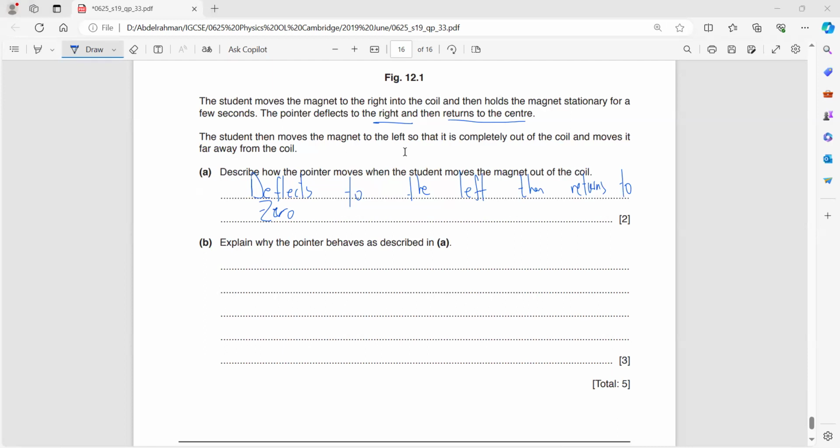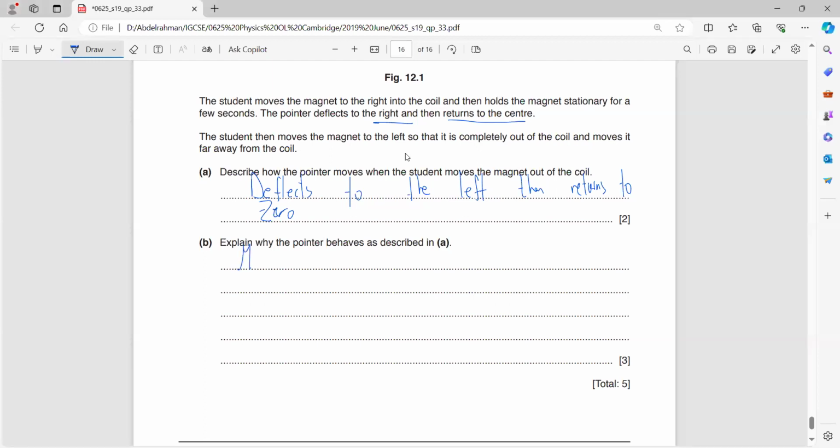Guys, there are three key words for this question, okay? This question is very famous. Three key words in this question. Magnetic field of the magnet. What does it do? And then what happens? What does the magnetic field of this magnet do? Conduct? No, not conduct. It cuts.